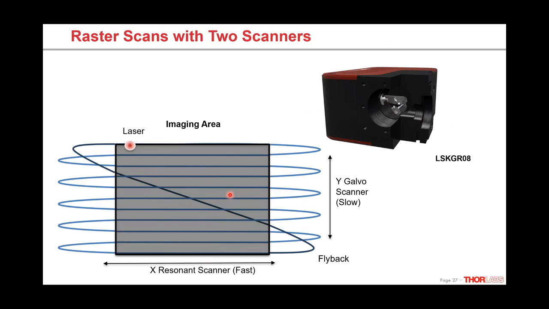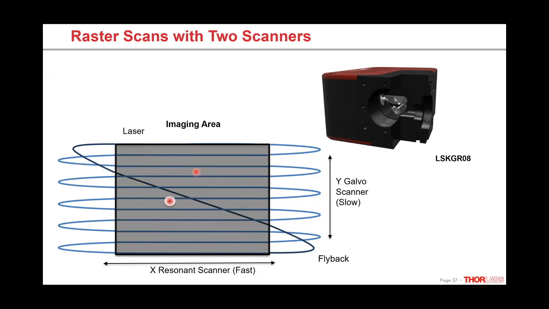All right, so far we've been talking about all the compound optics in a scan engine. Now I'll just briefly run through the scanners themselves. As discussed before, you'll be using 2 scanners, an X resonant fast scanner and a slow Y-axis scanner.